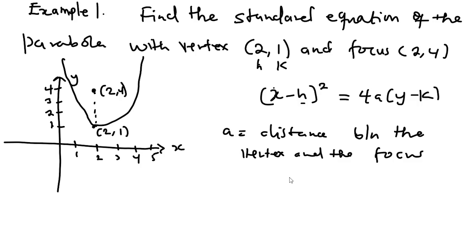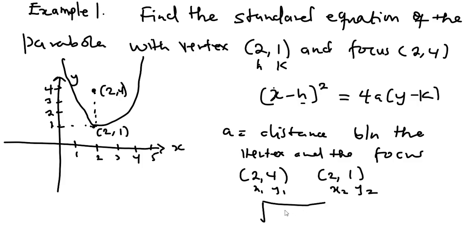So you can count from here. So starting from here, point here, 1, 2, 3. So it means that our A is actually what? 3. Or we can go by the distance formula. Since we have our point 2, 4, and what? 2, 1. If this is x1, this is y1, this is x2, this is y2.